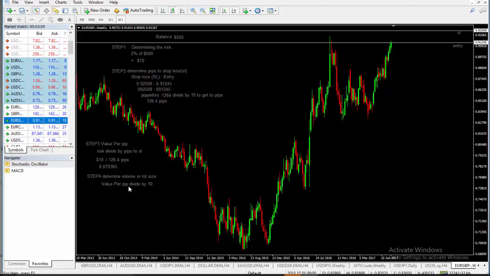Value per pip divided by 10. So this number divided by 10.